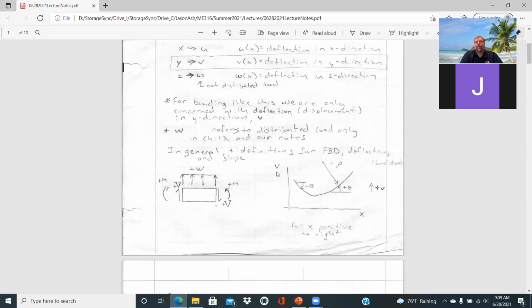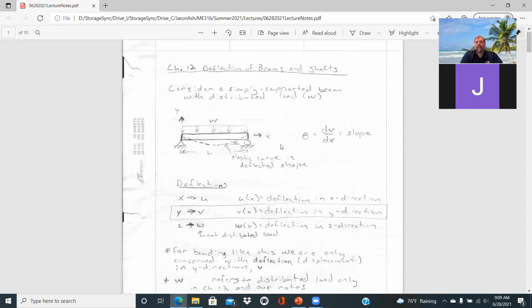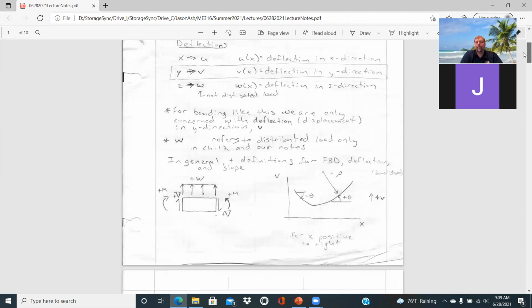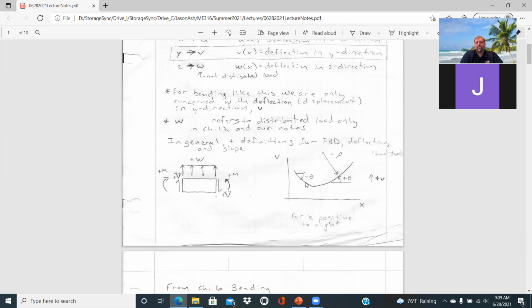And then for the vertical displacement as a function of x, again, this is for situations where the x-axis is defined positive to the right. If the slope is going downward to the left, that's a negative slope.